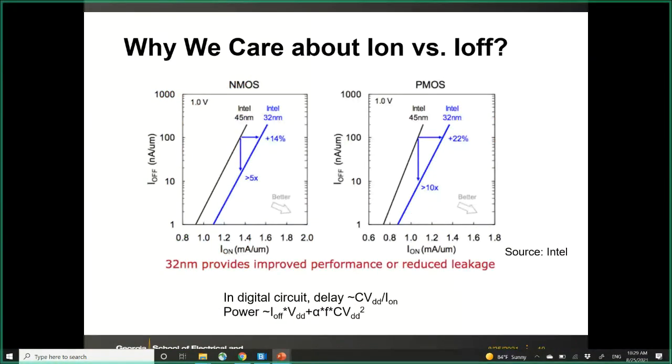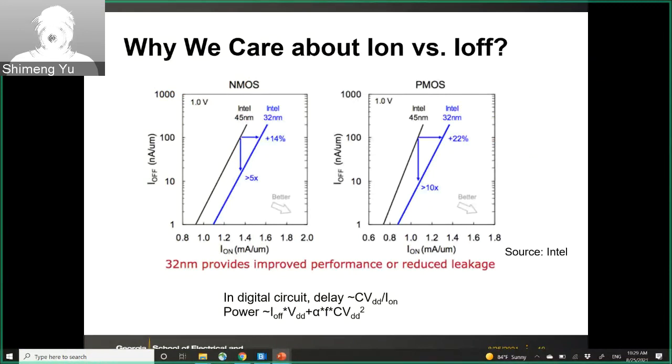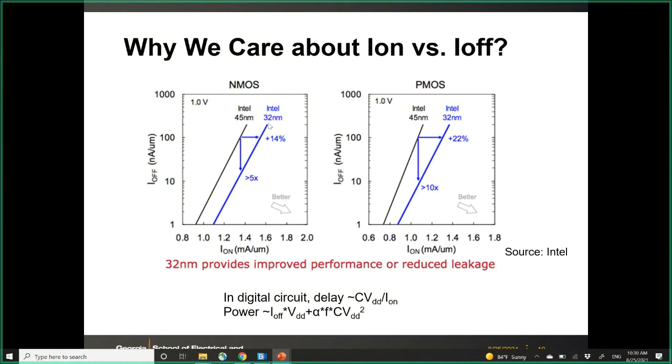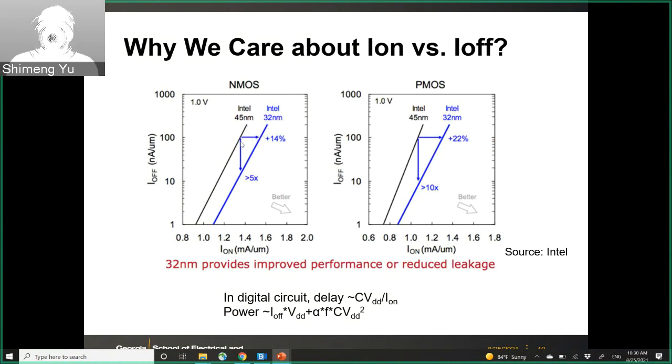Okay, so here, why do we care about the I-on and I-off? We define the I-on and I-off of the transistor, right? So why do we care about that? Here we plot the on and off current. This is for NMOS and this is for PMOS, and this is from Intel's data, Intel 45 nanometer versus 32 nanometer. Here you see that as we scale down the transistor, we can either improve the on current or reduce the off current.